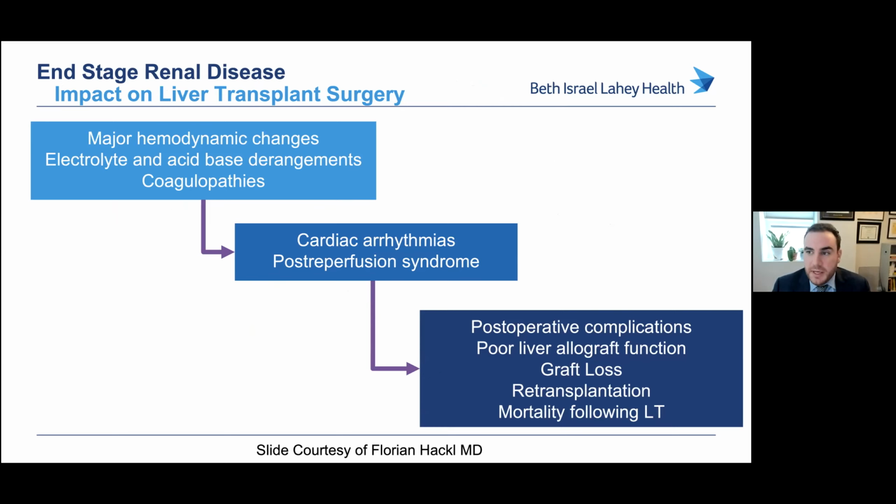Kidney dysfunction is a big deal in liver transplants because there's major hemodynamic changes, electrolyte and acid-base derangements, and coagulopathies that all can occur more frequently in these patients with kidney disease. They lead to more cardiac arrhythmias and more post-reperfusion syndrome, and these all lead to complications and even death for these liver patients because of disordered kidney function.